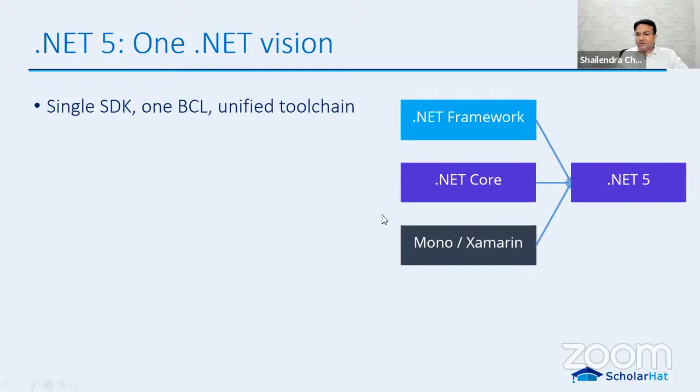These three versions of .NET were for building different types of applications. But starting from .NET 5, now we have a single SDK, one base class library, and even a unified toolchain, for building any type of application.